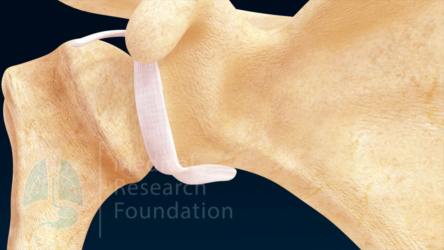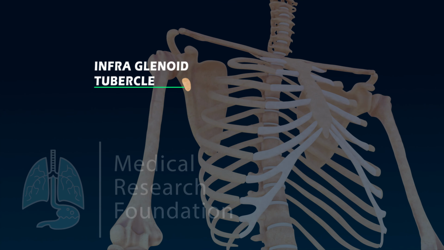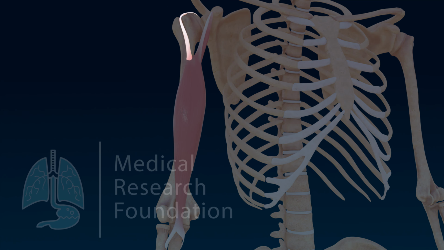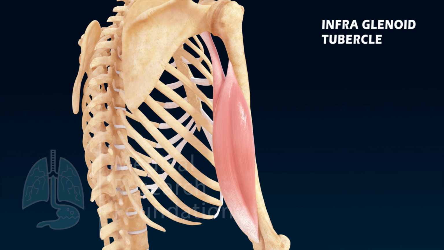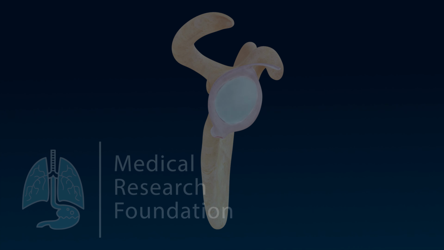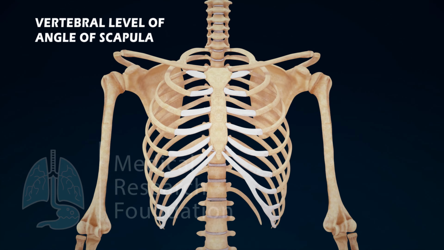Above and below there are elevations, called supraglenoid and infraglenoid tubercle. Supraglenoid tubercle gives attachment to long head of the biceps, and infraglenoid tubercle gives attachment to long head of triceps. Glenoid fossa is deepened by peripheral attachment of glenoid labrum.